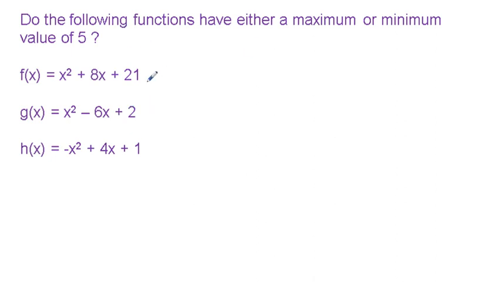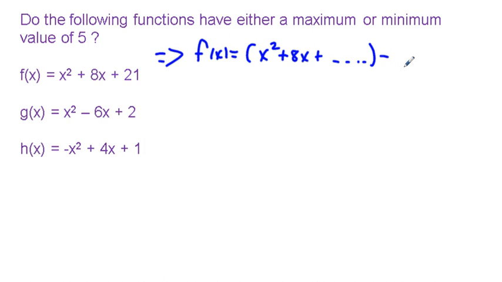So if we take this first one, we rewrite it as f of x equals x squared plus 8x plus some number and minus that same number, and we put plus 21.